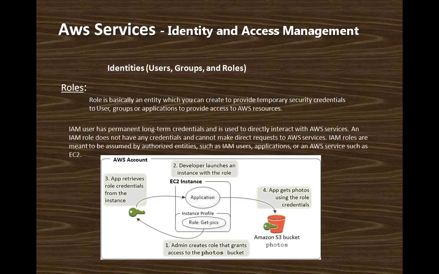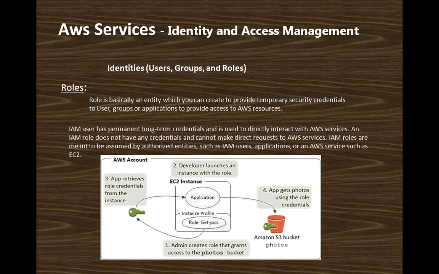So you can see in the diagram given below, wherein the admin creates a role that grants access to the photos bucket, basically an Amazon S3 bucket, and they created a bucket named photos. In that case, the developer will then launch an instance with an EC2 role, because generally the EC2 instance does not have access to the AWS resources directly.